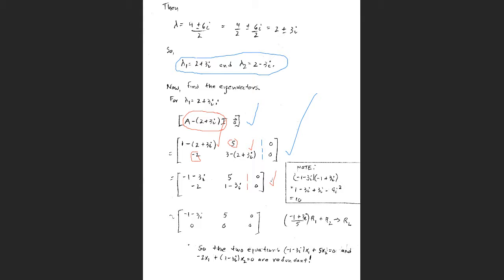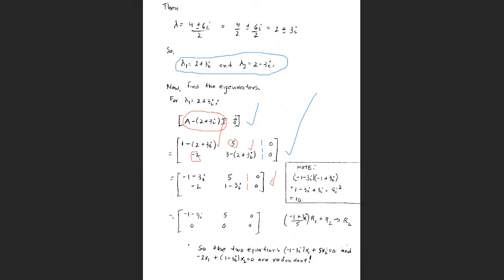But the row operations you do have the same goal as you've always had. We want to try to get the matrix in reduced echelon form.